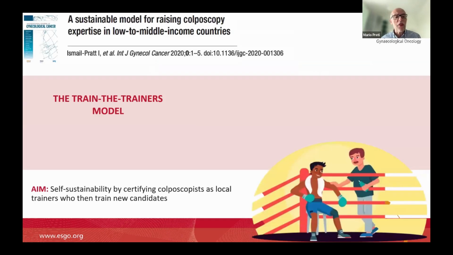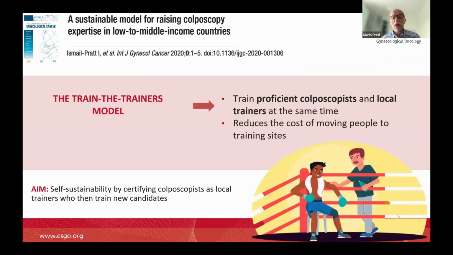So the training model should be sustainable, training proficiency in colposcopy and local training at the same time to reduce the cost of moving people to the training sites.